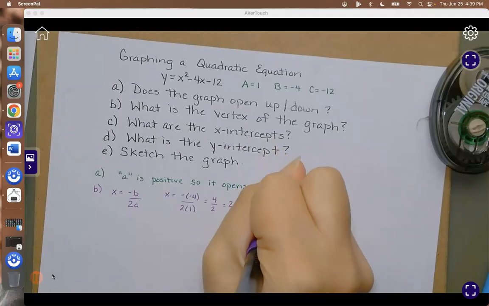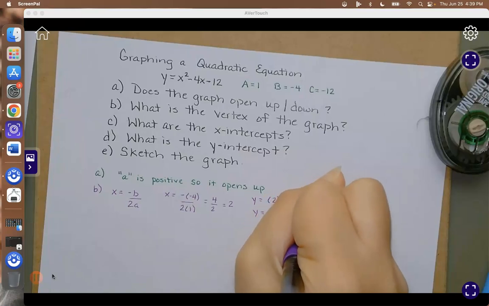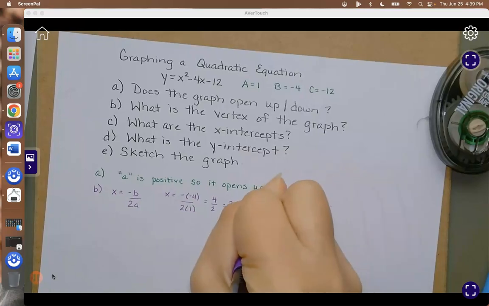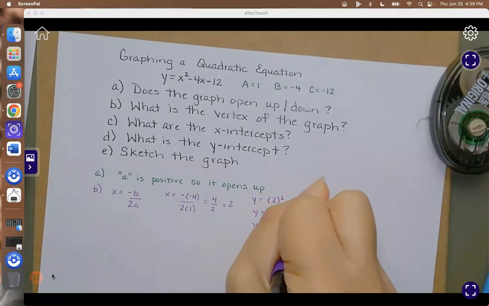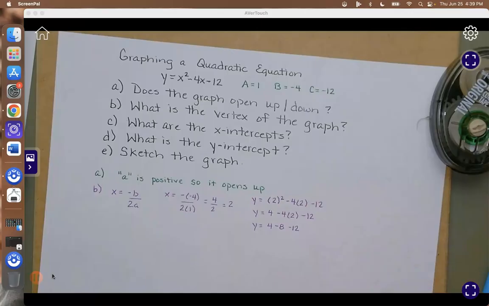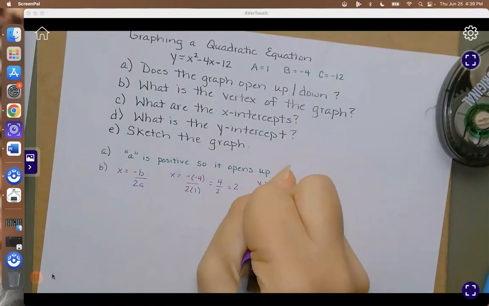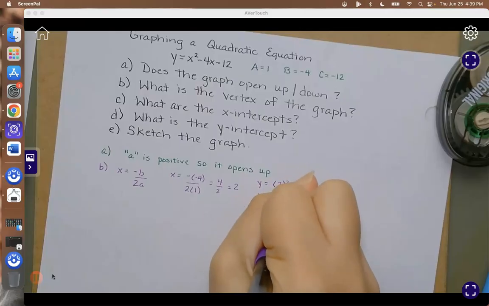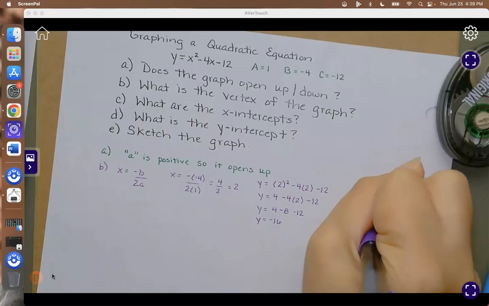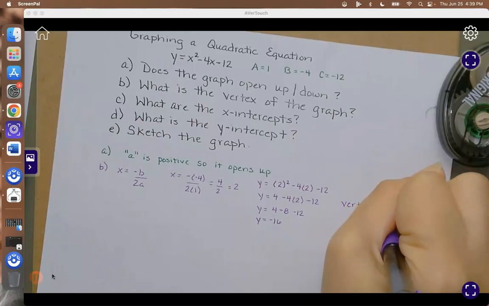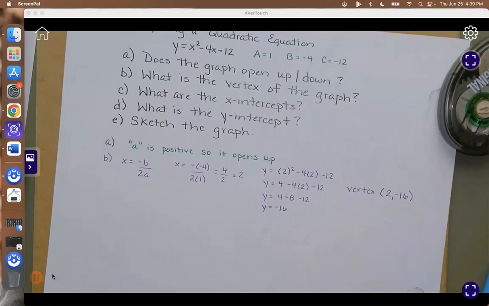So this is going to be 4, then we have -8 right here for multiplication. 4 minus 8 minus 12 is -16. So our vertex is 2, -16. Okay?